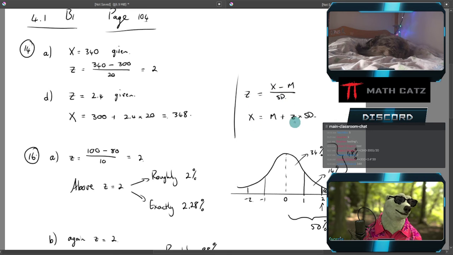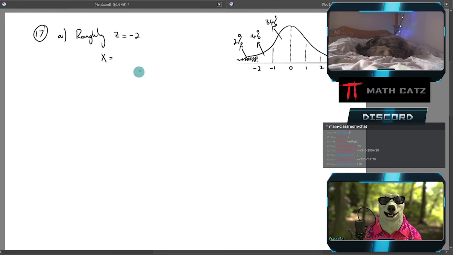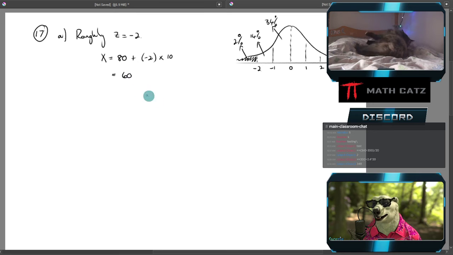Now we have the z-score, we want to calculate the raw score, so we'll use this one over there. And we'll go mean was 80 plus the z-score times standard deviation of 10. Now these are very simple numbers, so we can just do it in our head. 80 minus 20 will be, I'll put it over here, 60. So that position will correspond to a 60.